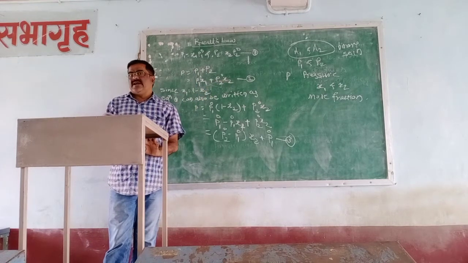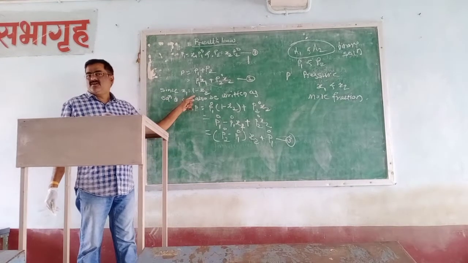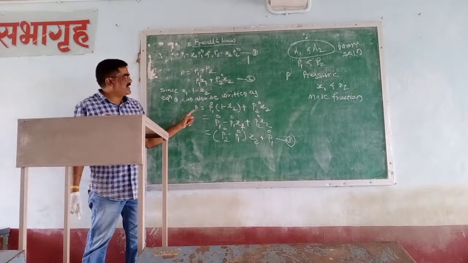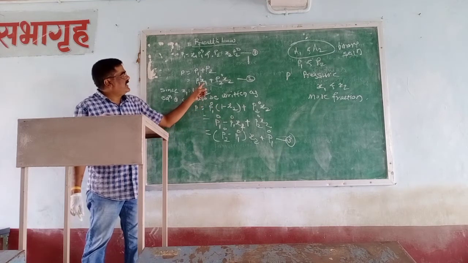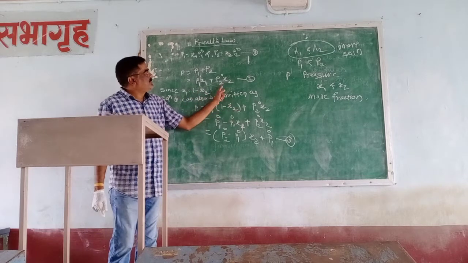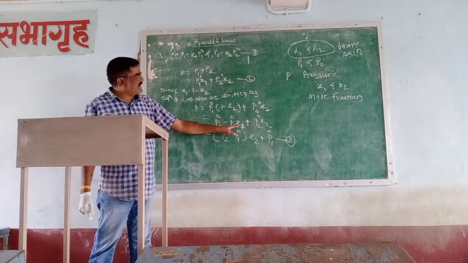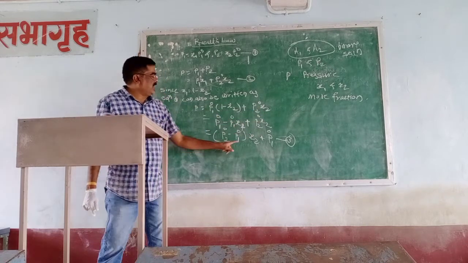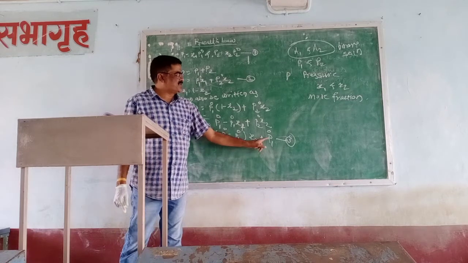Since X1 is equal to 1 minus X2, we can write this equation as P is equal to P1 naught into, instead of X1, we put 1 minus X2, plus P2 naught X2. Then P1 naught minus P1 naught X2 plus P2 naught X2. Then P is equal to P1 naught plus (P2 naught minus P1 naught) X2.